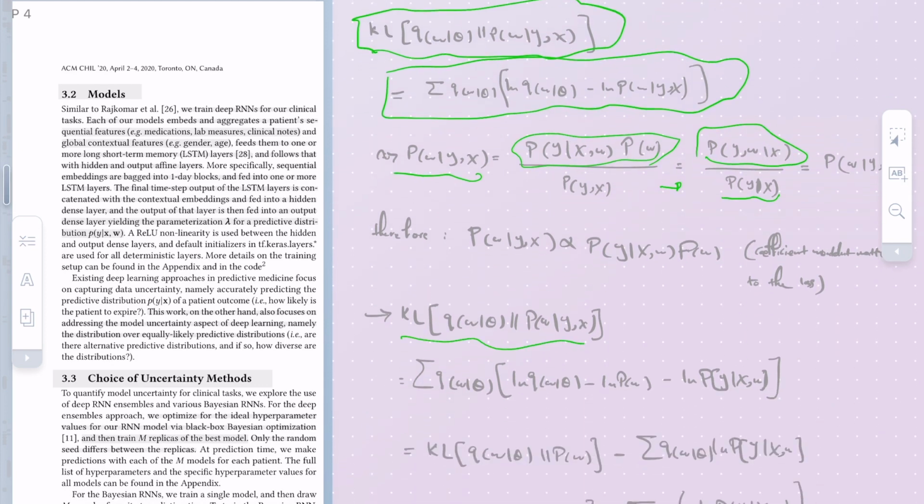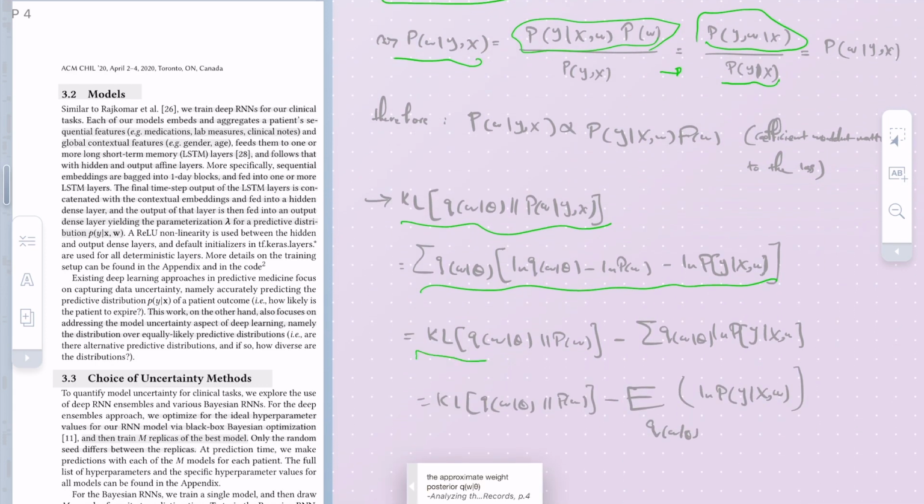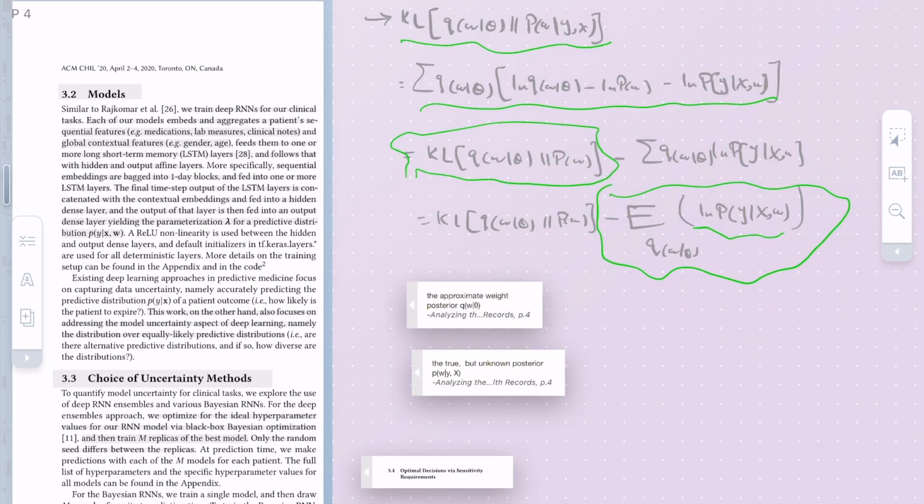The KL divergence of these two is rewritten as this KL divergence minus the average of this function over the distribution Q. Basically, we have the approximate weight posterior and the true but unknown posterior, so we are measuring some distance between the two.